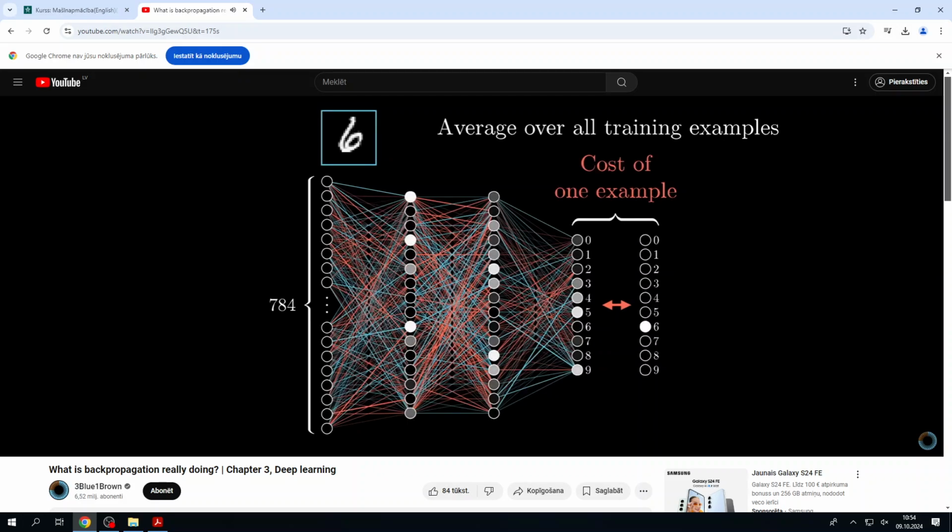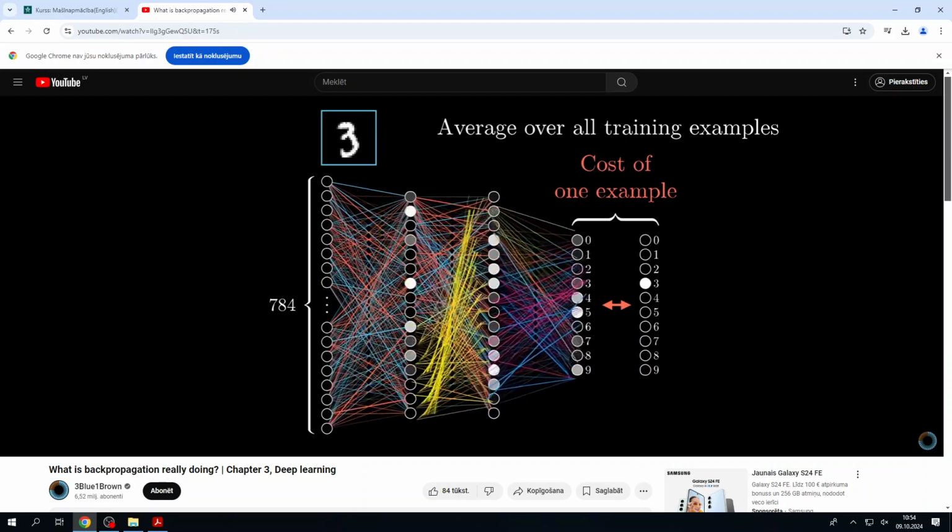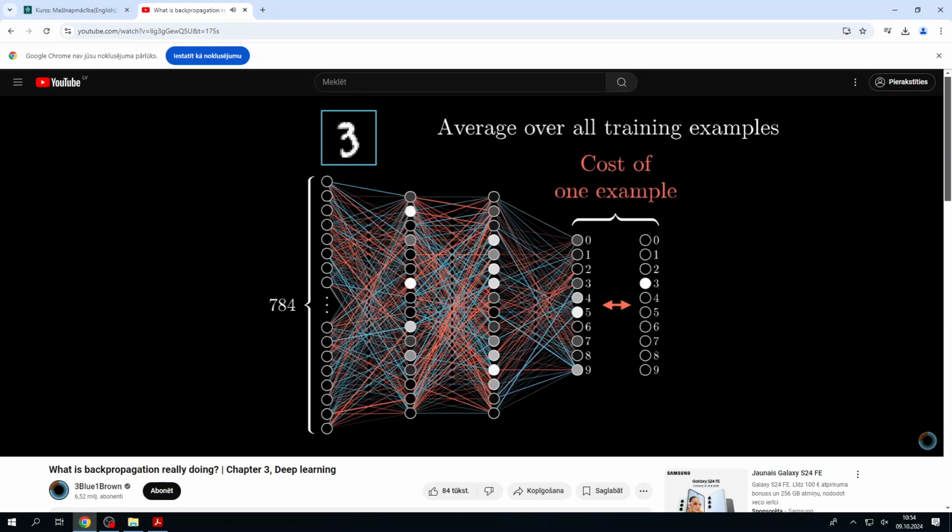The way that we adjust the weights and biases for a single gradient descent step also depends on every single example. Or rather, in principle it should, but for computational efficiency, we're going to do a little trick later to keep you from needing to hit every single example for every single step.